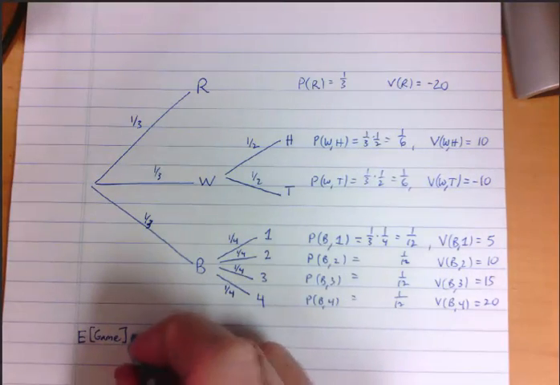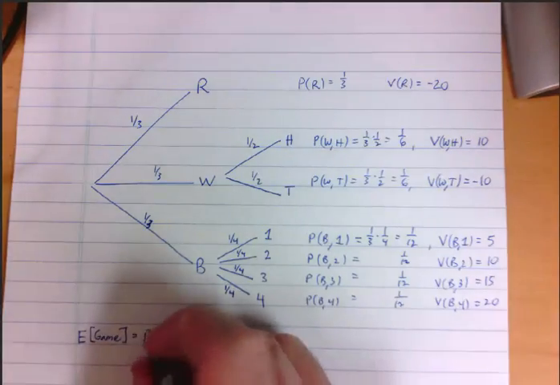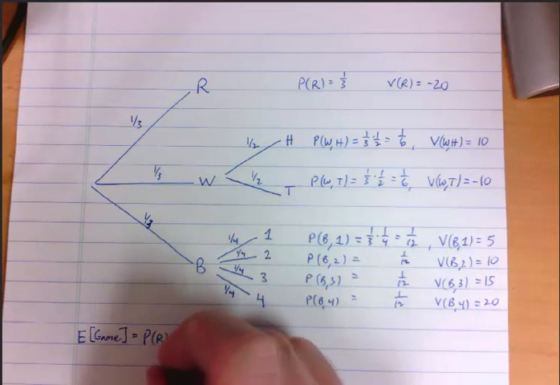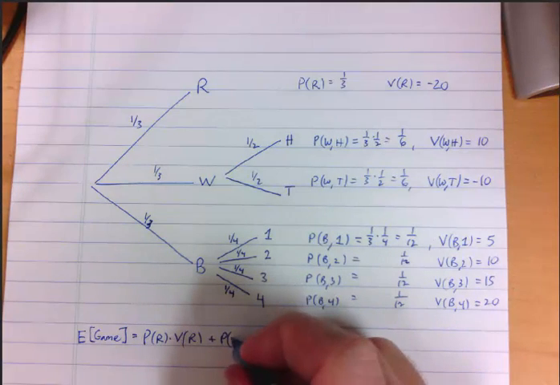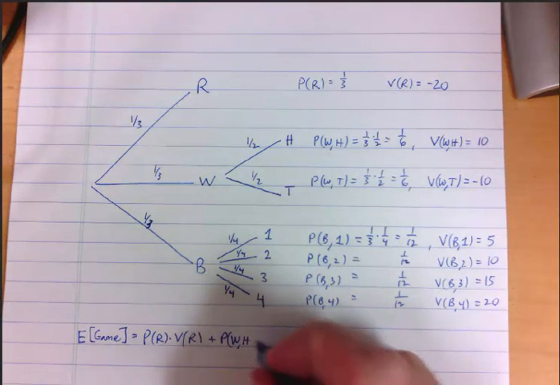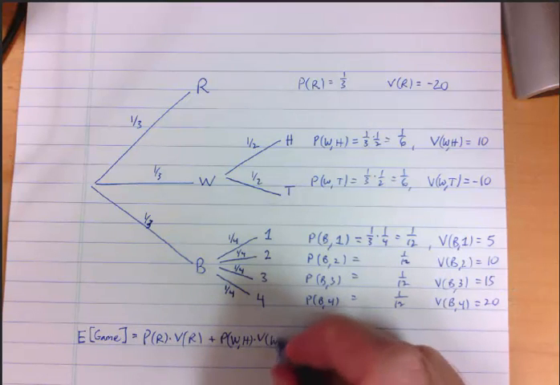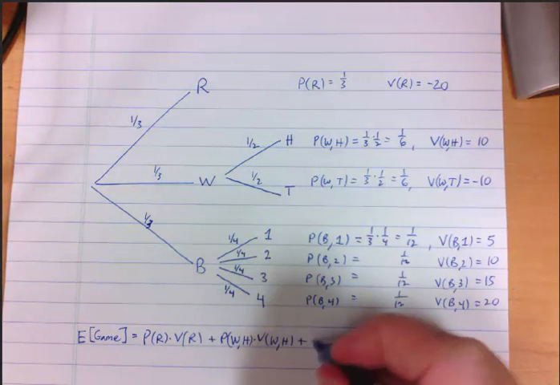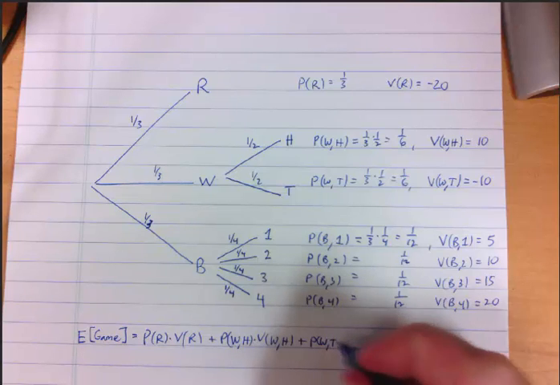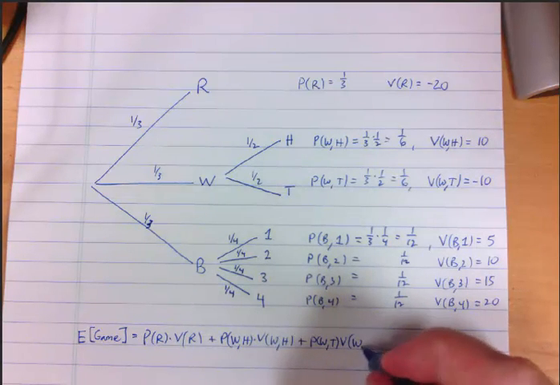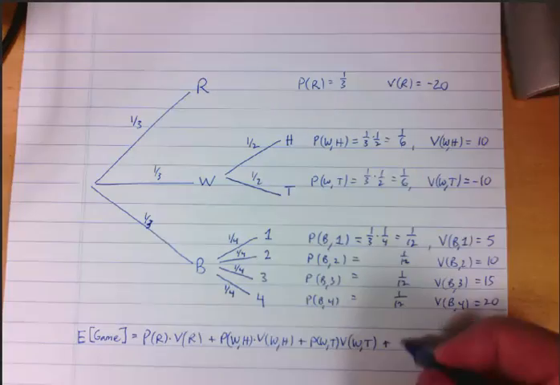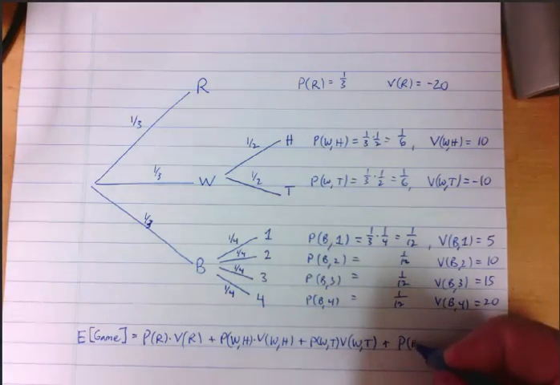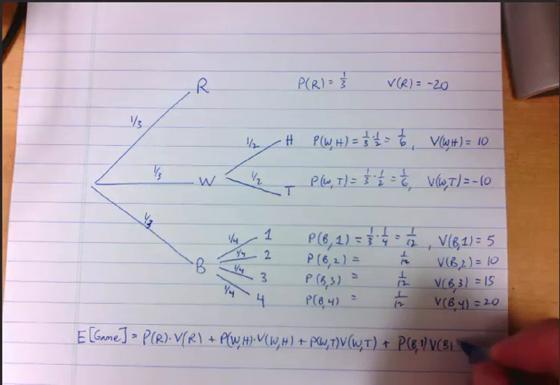The expected value of the game is the probability of red times the value of red, plus the probability of white heads times the value of white heads, plus the probability of white tails times the value of white tails, plus the probability of a blue 1 times the value of a blue 1.